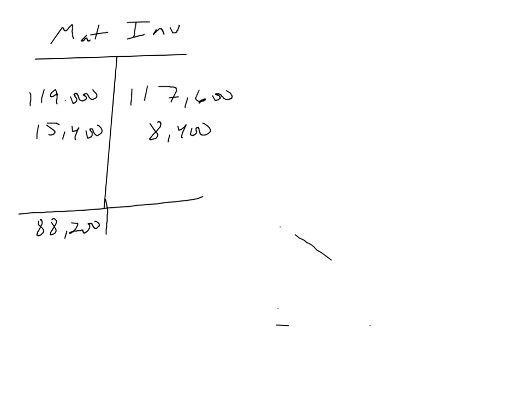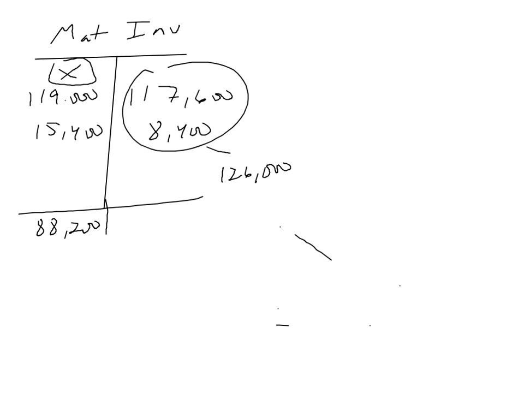So we need to figure out what our beginning balance is for materials inventory. First of all, let's add up our debits and our credits. If you add up your credits, you get 126,000. And if you add up your debits, you get 134,400.